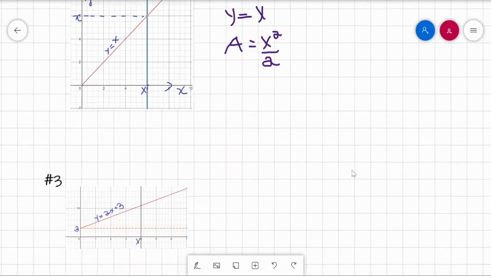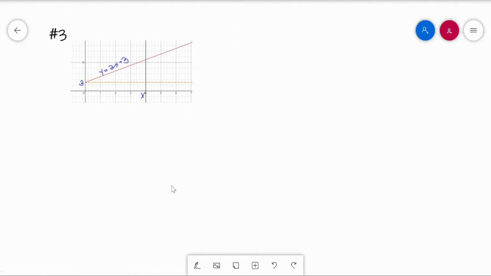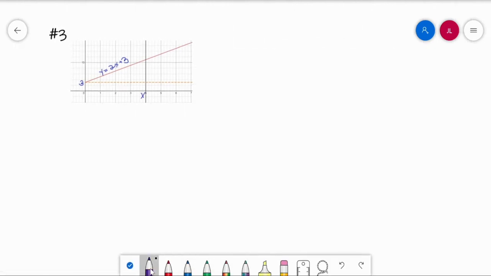Okay, now let's look at the last example. The last example is not a triangle or a rectangle, it's both. Here we have the line y equals 2x plus 3. And it makes kind of a trapezoid.